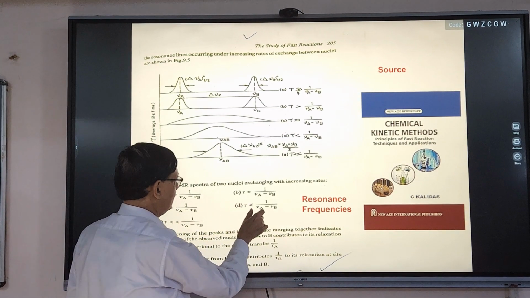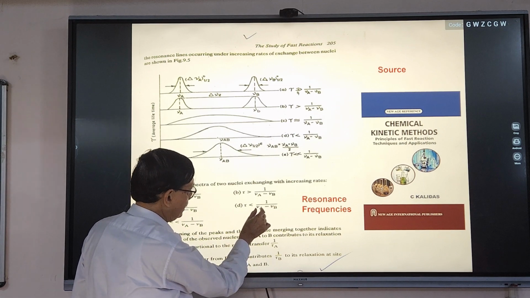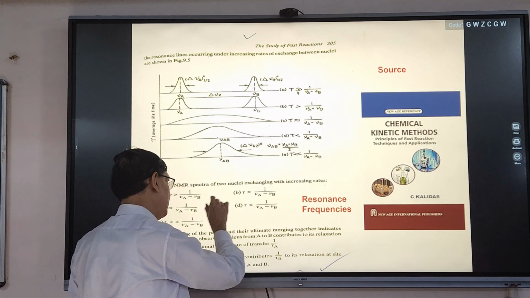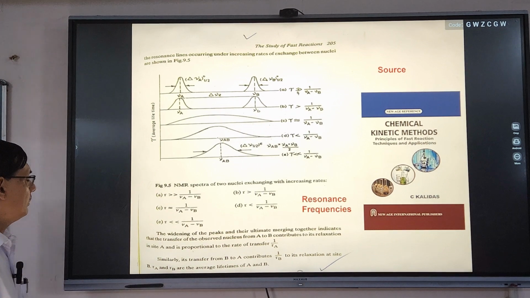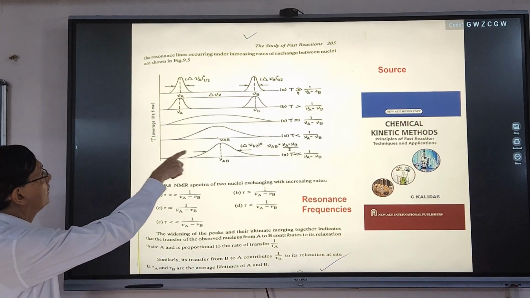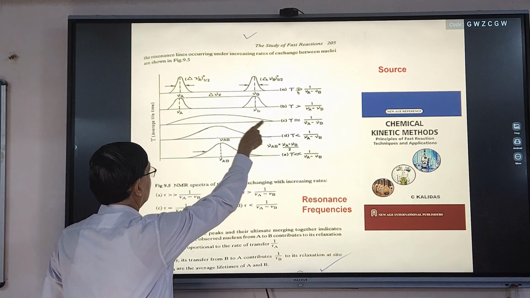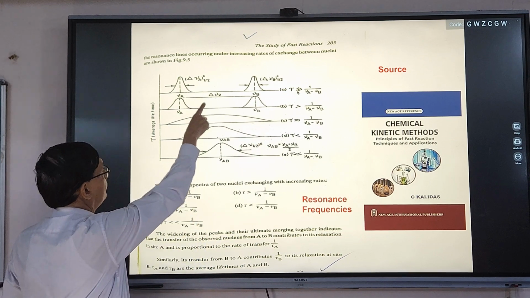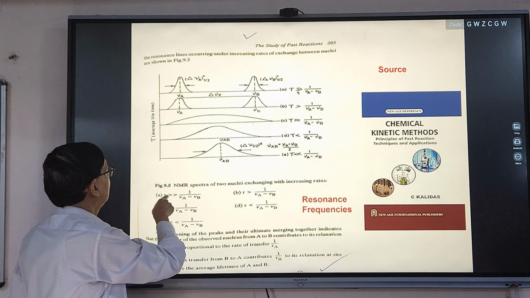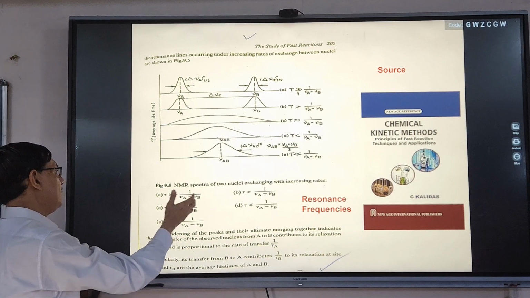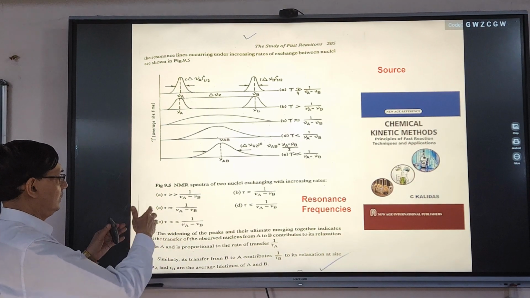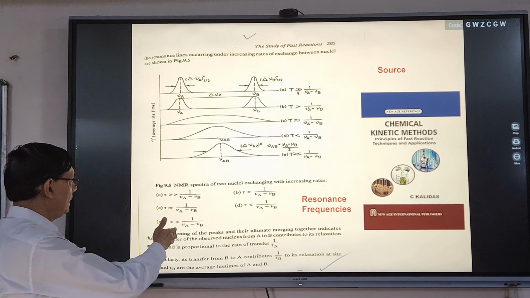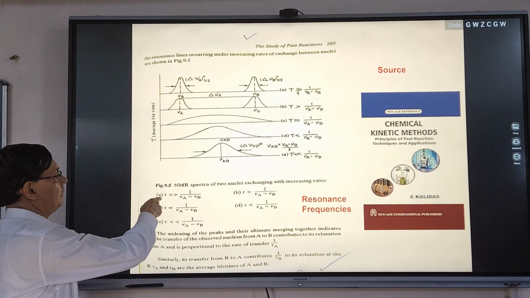So it depends upon the value of this resonance frequency, whether it is greater than this value or less than, or it is exactly equal. In C part, there is a coalescence part, and in the first part, A, this value 1 by resonance frequency is very much less than the lifetime.